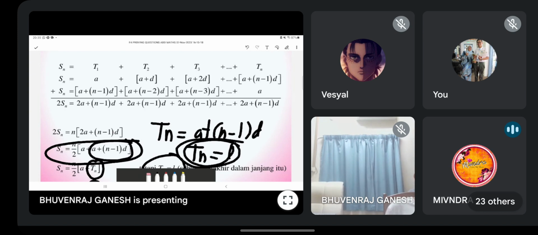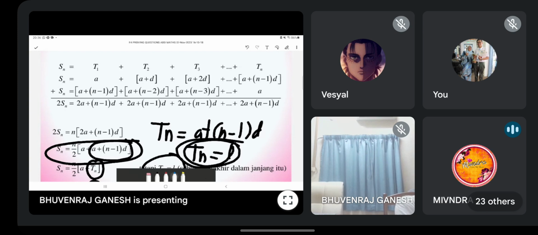Lepas tu kita senaraikan dalam tertib menurun, each one kita tolak dengan satu, n-1, n-2, n-3, lepas tu sampai A, and then kita tambah dapat 2A plus n-1D.